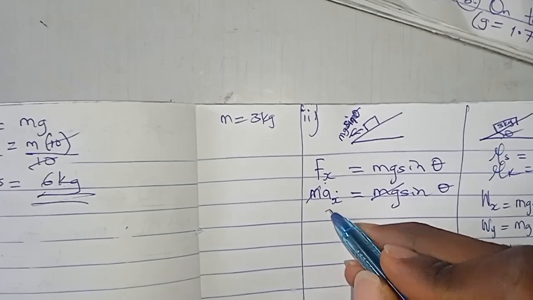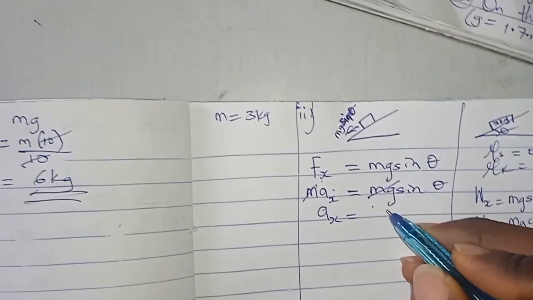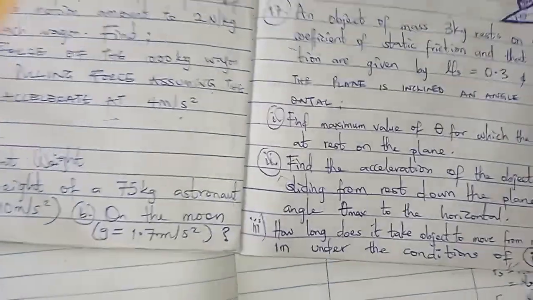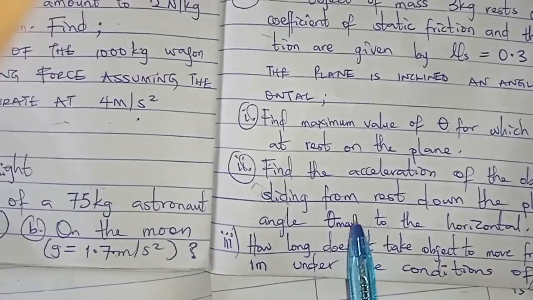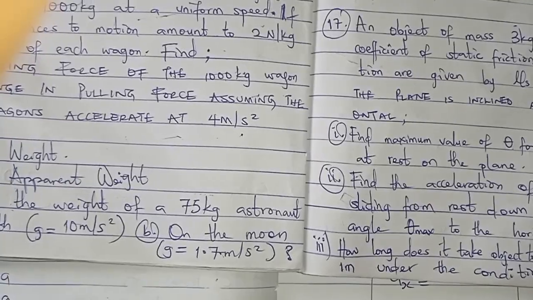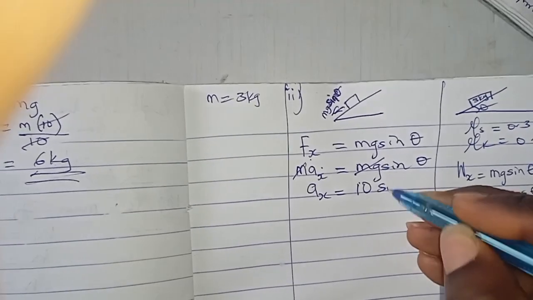So acceleration on the x-axis will be the same thing as g sine theta, and here they say we should take g to be 10. Even if they did not say anything, we can use 9.8 or 10. So I want to use 10. So I say 10 sine theta.